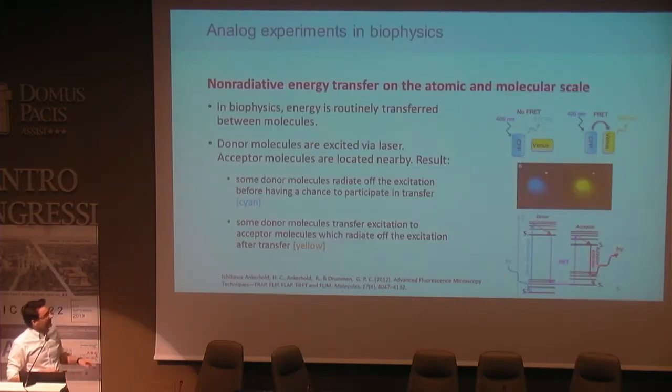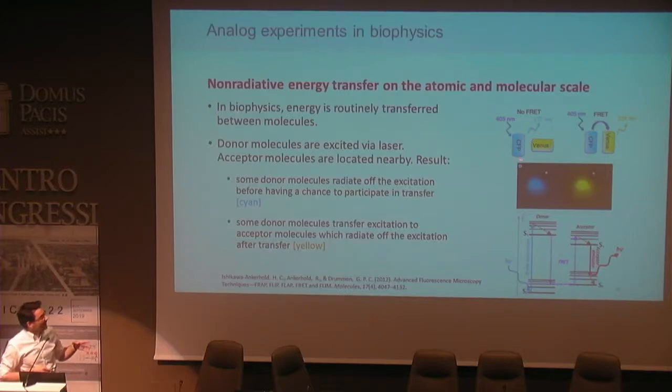So returning to experiments, what do some of these experiments look like in biophysics? You have a molecule that gets excited by a laser and is now in an excited state, and then depending on the nearby environment, whether there are acceptors available, either you have a transfer to an acceptor molecule which then emits the excitation, and if you have some loss, that would be at a different frequency.